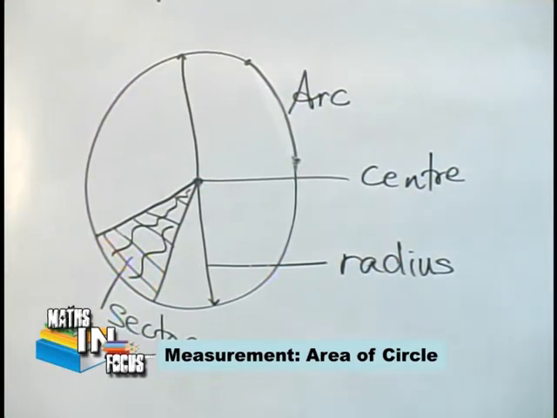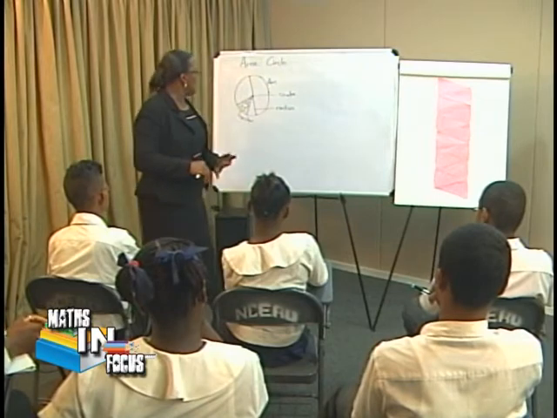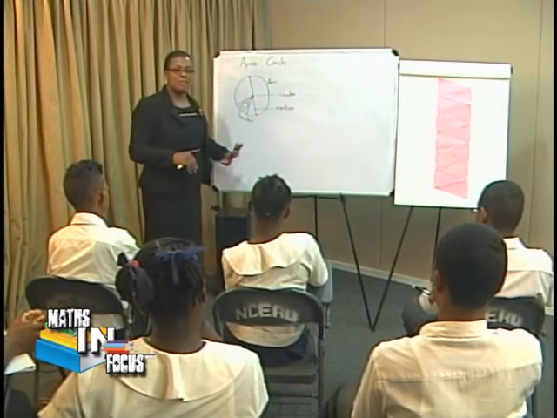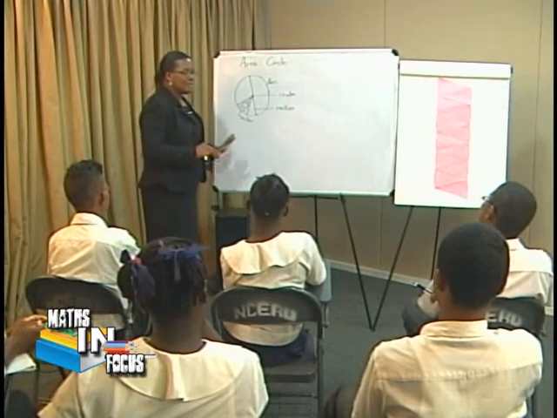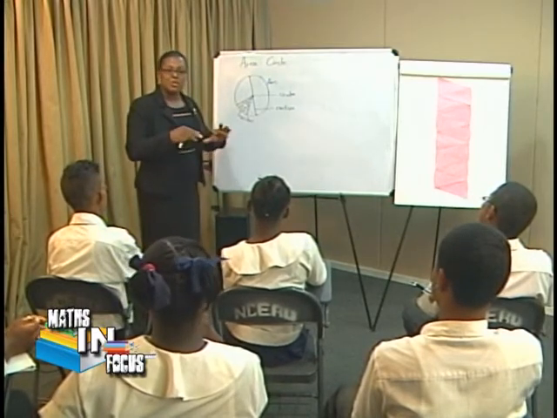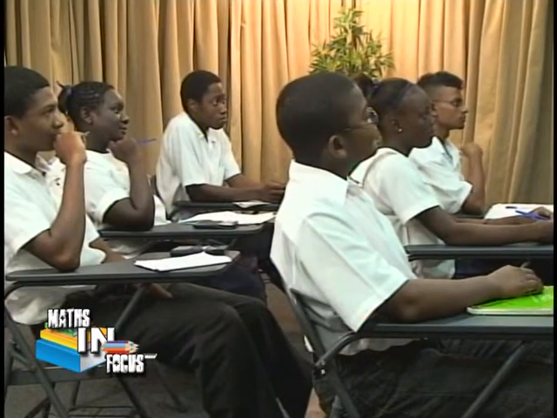And we had formulas for finding area of rectangles and squares and parallelogram and trapezium and so on. The same way we have a formula for finding the area of a circle. Now in this lesson, we're going to put that formula together before we use it.